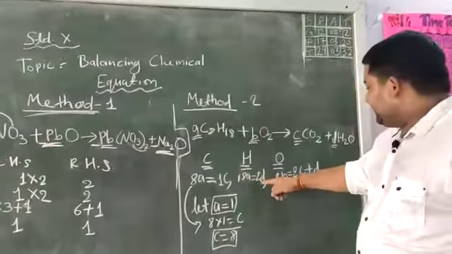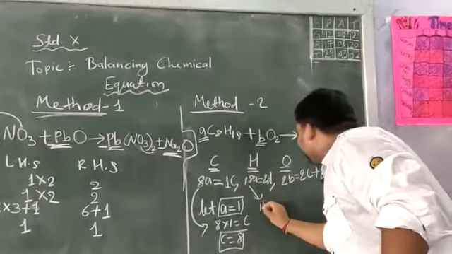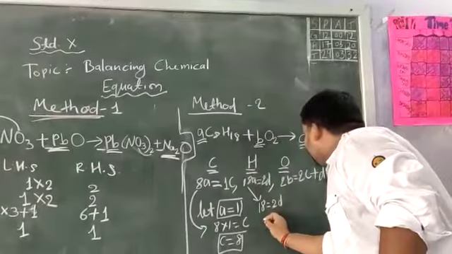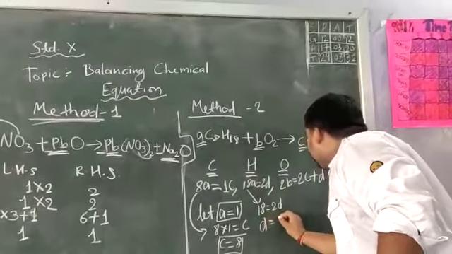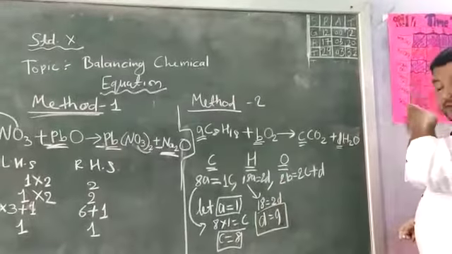Now back to here. A is equal to 1. So 18 into A means 18 equal to 2D. Now divide, so D is equal to 18 by 2 means 9. D is 9.